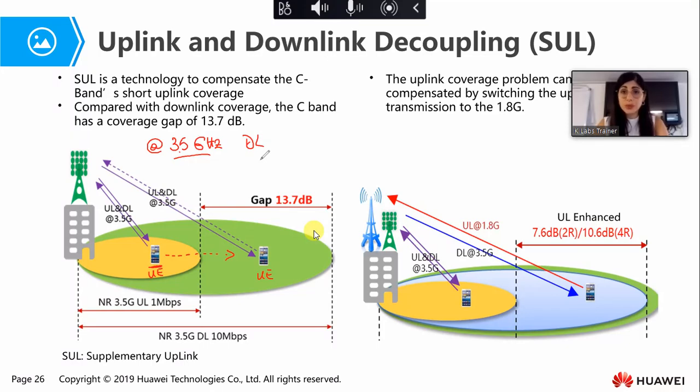So we will use another frequency belonging to the sub 3 gigahertz spectrum. For example, we can use 1.8 gigahertz for the uplink, so that we can overcome the problem of imbalance between uplink and downlink coverage.